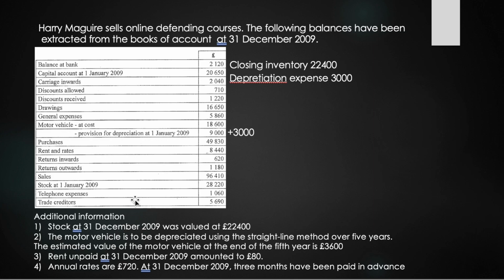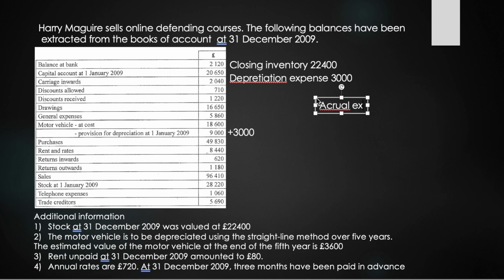Third adjustment, rent unpaid at 31st December 2009 amounted to £80. So what this means basically is we haven't paid £80 of rent. That means we have an accrual expense. Accrual expenses go in the statement of financial position. So first of all, we put £80 next to our balances and we label it as accrual expenses so we don't forget about it.